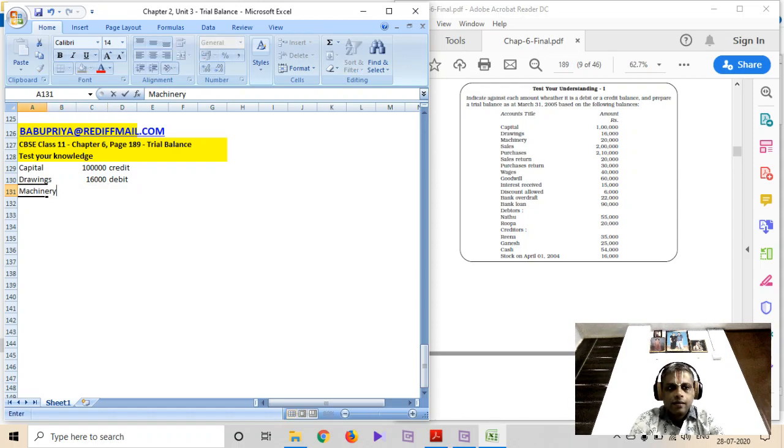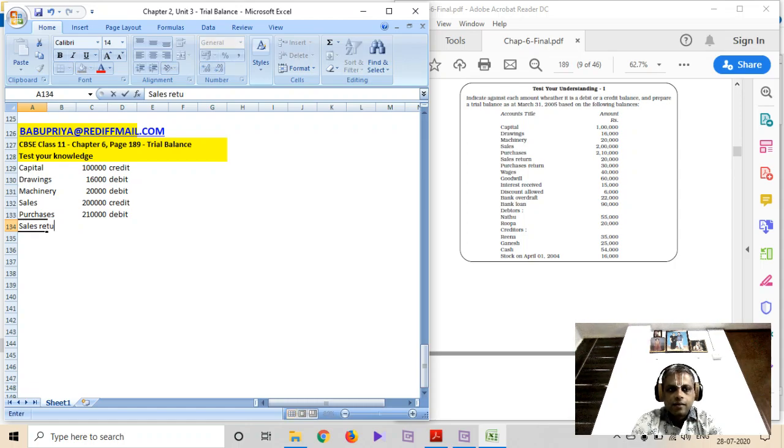Machinery is 20,000 debit. Then sales, 2 lakhs credit. Then purchases, it is 2,10,000 debit.